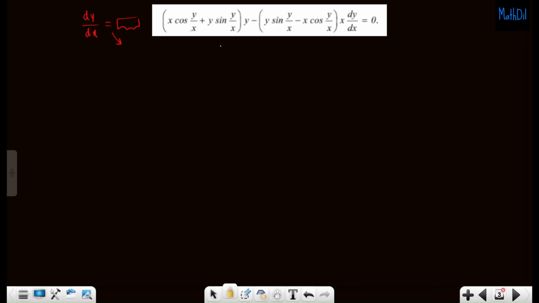what is this side? See, we will take this term to this side.